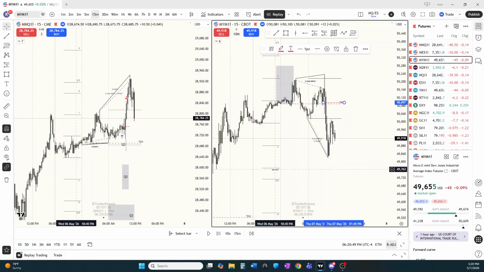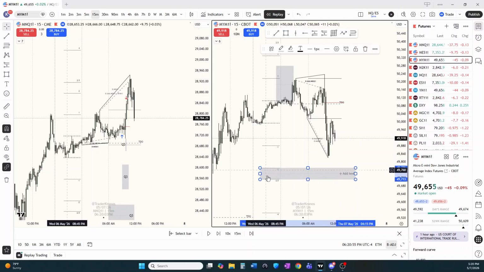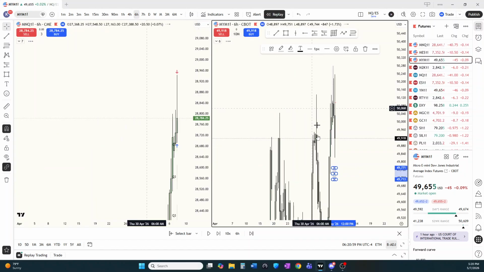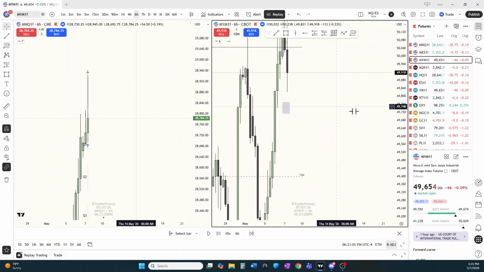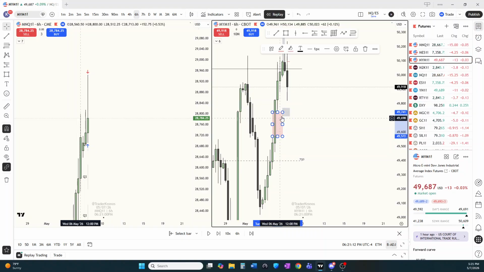We move down. Where's our target? At least right in here, 2 to 2.5. What lines up with this? Well, let's look at our daily cycle or our 6-hour candles. What's sitting there? Fair value gap. So higher probability that now we're going to reach and extend to this level.